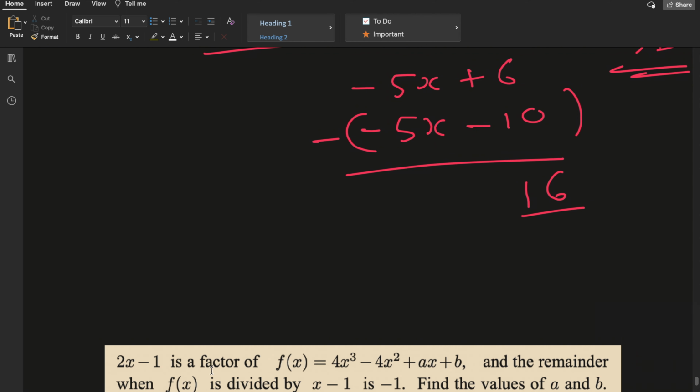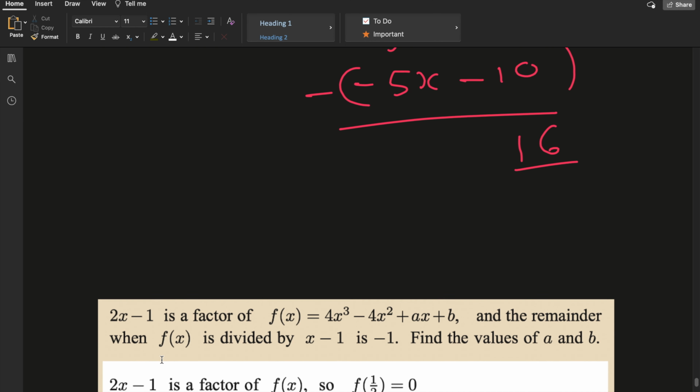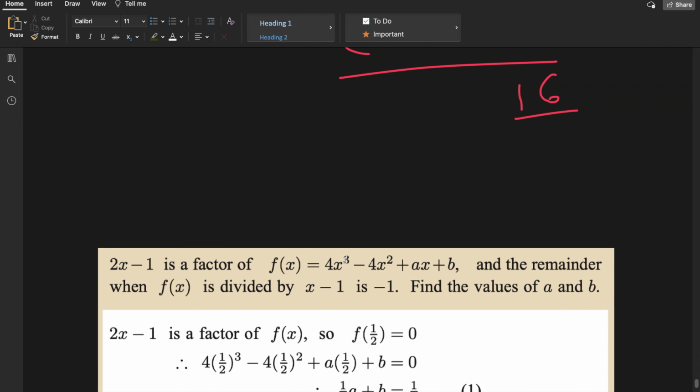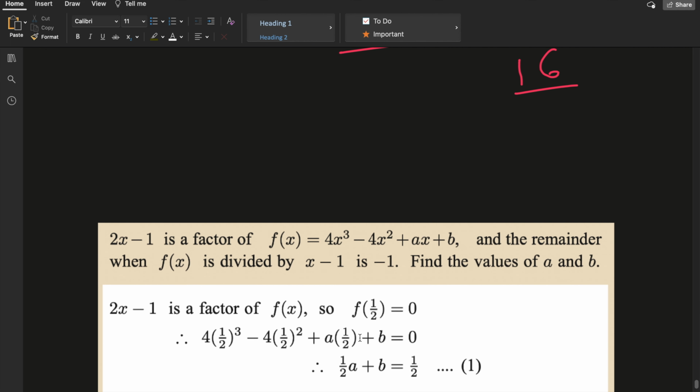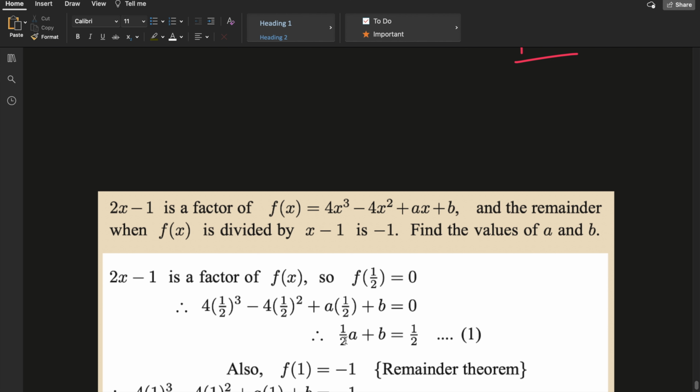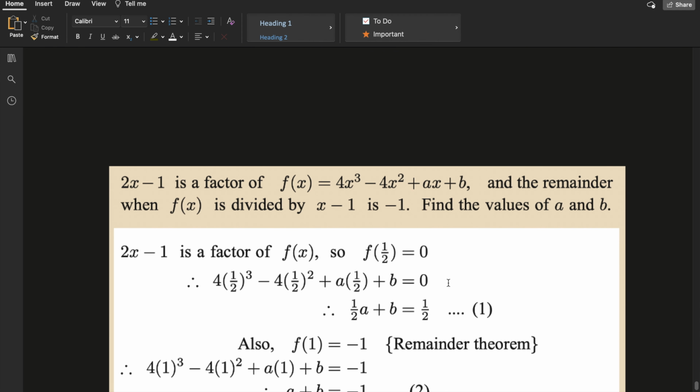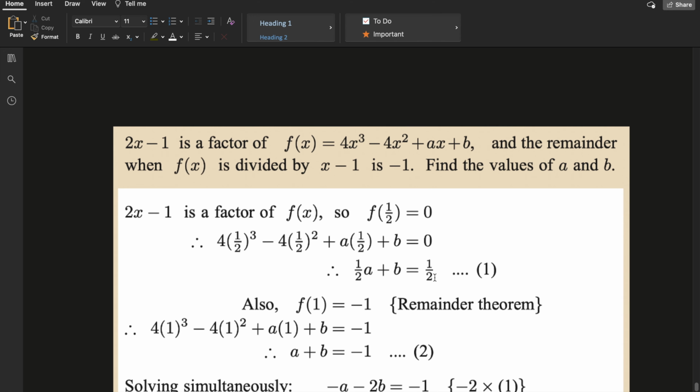Since this is a factor, that means p of 1 by 2, or in this case f of 1 by 2, will be 0, since the remainder must be 0. And then you substitute the values, and then you just find a simplified equation in terms of a and b. So that's going to be our first. I would have just written b equals 1 by 2 minus 1 by 2a.